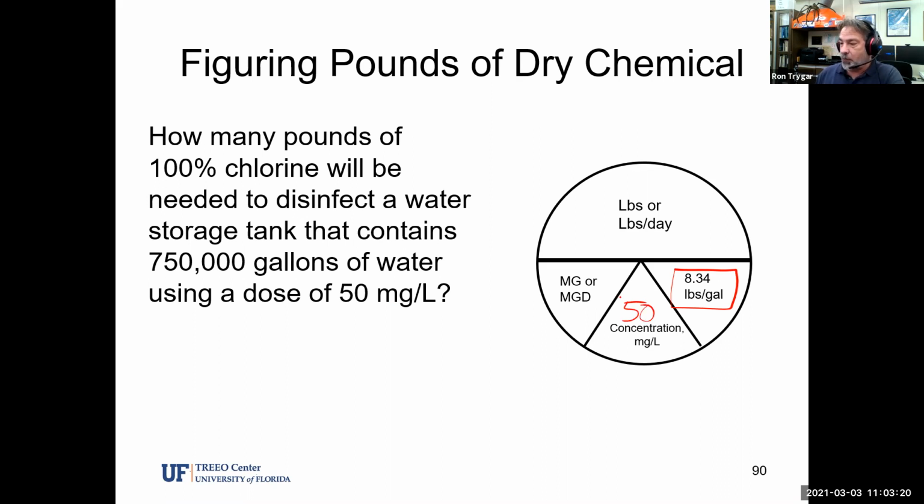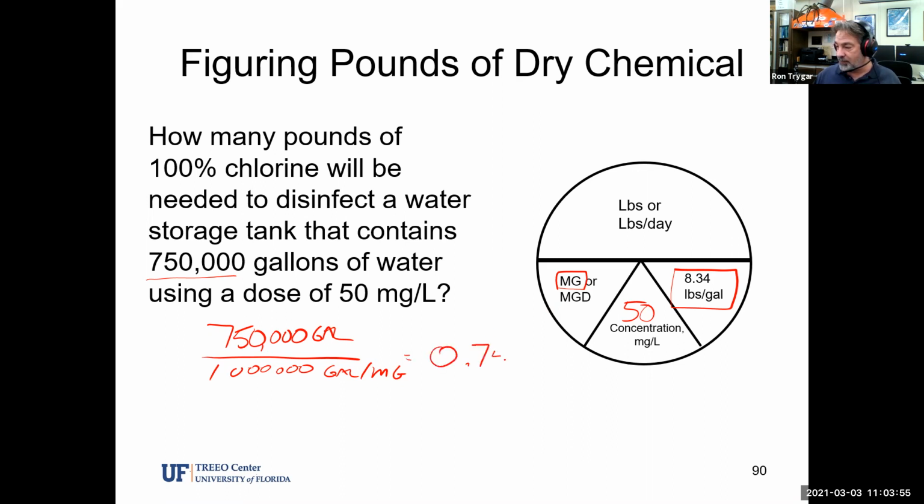But what about the water content? We have 750,000 gallons showing, and it's not in million gallon units. So don't forget to divide the 750,000 by 1 million to come up with the right million gallon equivalent. 750,000 gallons divided by 1 million gallons per MG is going to end up being 0.75 million gallons.